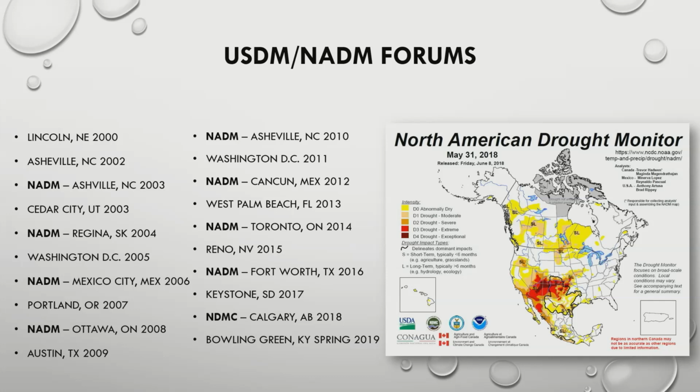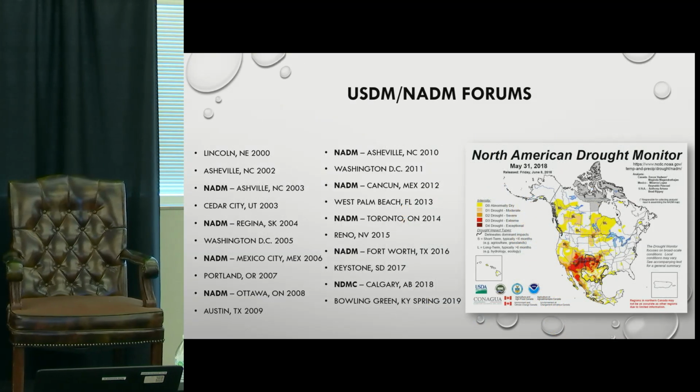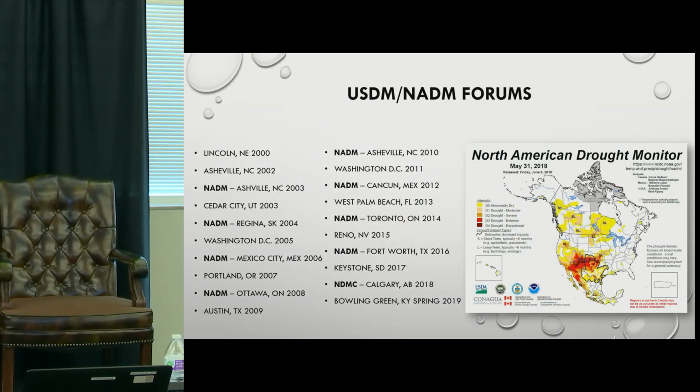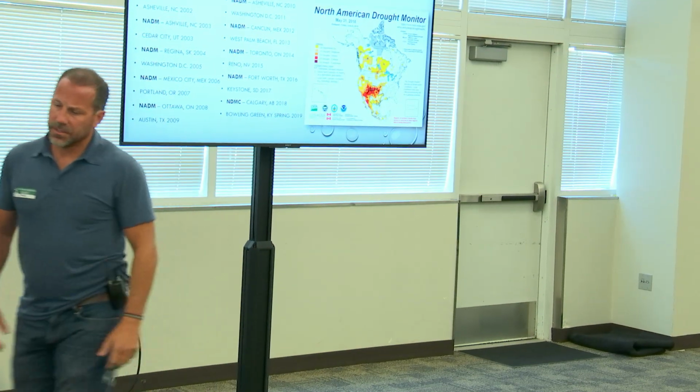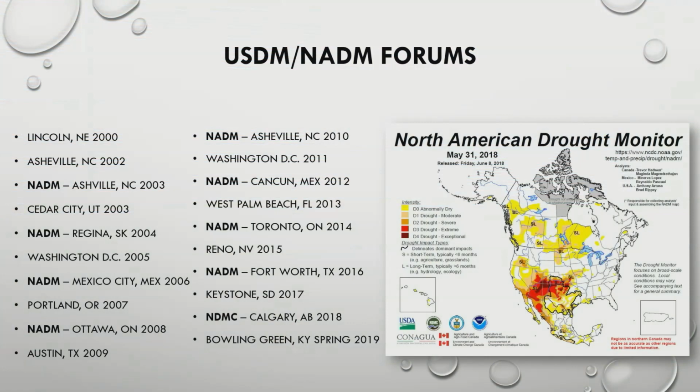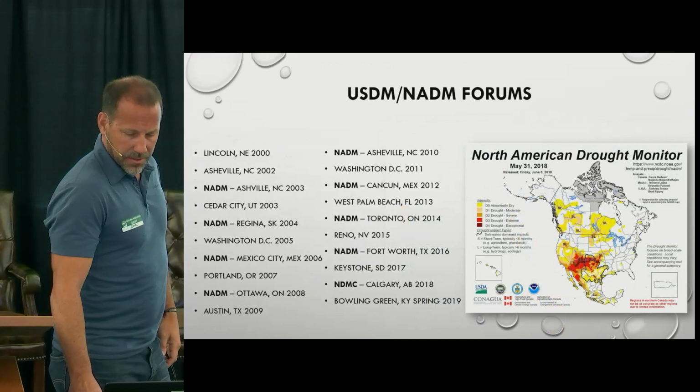And these are past forums. On alternate years, the North American Drought Monitor, the other product that's made, links the US Drought Monitor with what's going on in Mexico and up in Canada as well. The next Drought Monitor forum will be in Kentucky in the spring.